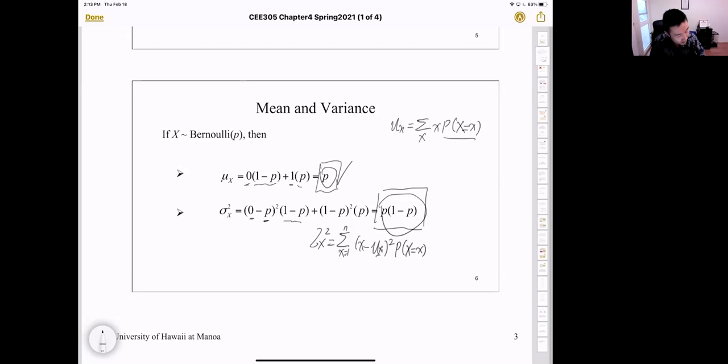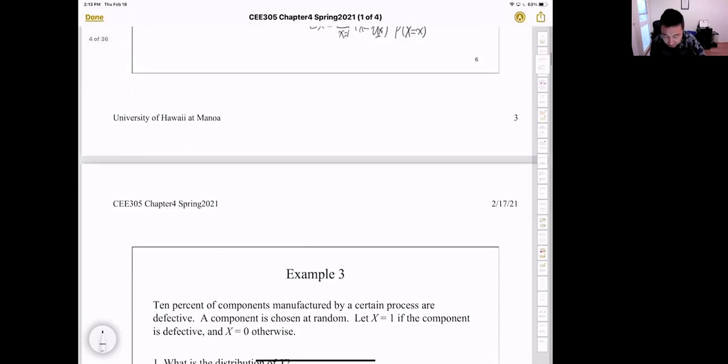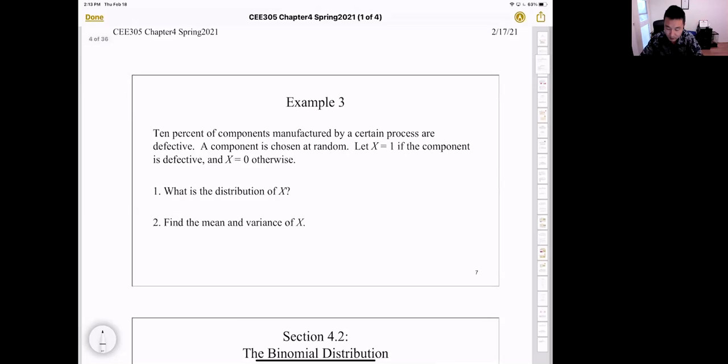And then let's look at an example here. 10% of components manufactured by a certain process are defective. A component is chosen at random. X equals 1 if the component is defective, X equals 0 if it's not. So what is the distribution of X?